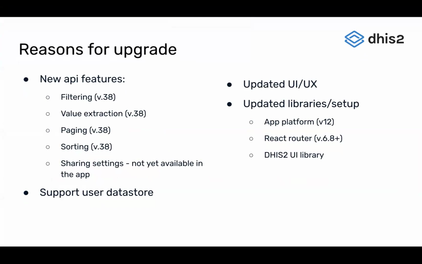So one of the features is the filtering feature, where we are able to return data that matches a specific criterion. Then we have the value extraction feature, where we return specific fields within the values of each key in a namespace. Then we definitely want to be able to return data according to the page size and page number.